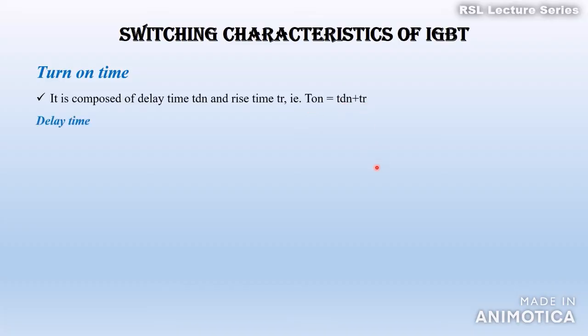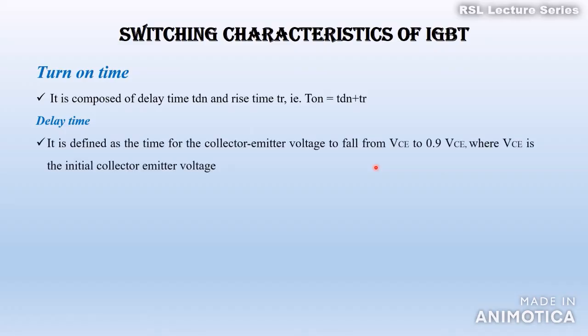First we'll see the delay time. In general, the switching characteristics are defined in terms of current and voltage waveforms. The delay time is defined as the time required for the collector emitter voltage to fall from VCE to 0.9 VCE, that is, from its initial value to 90% of its initial value.